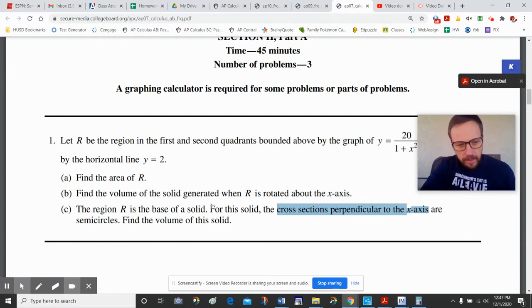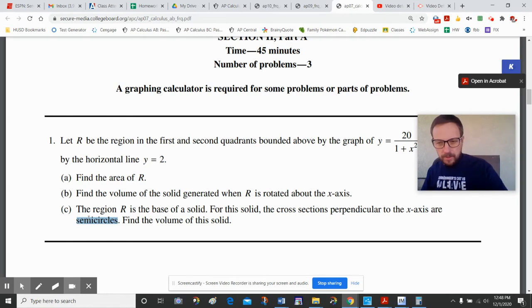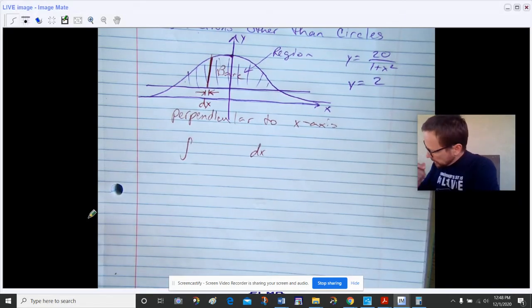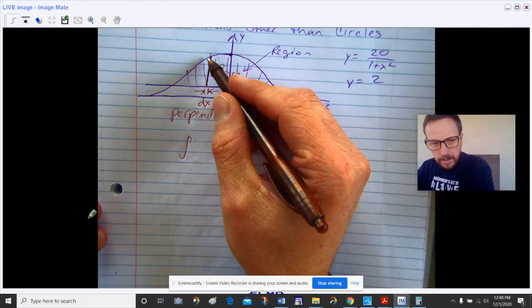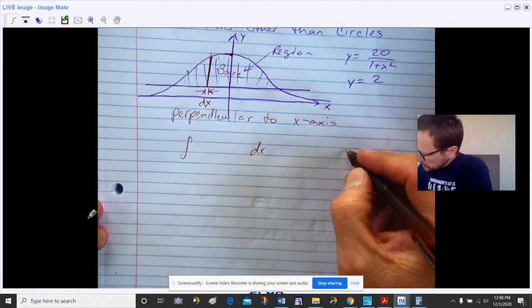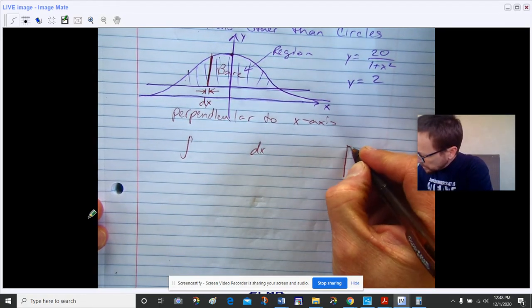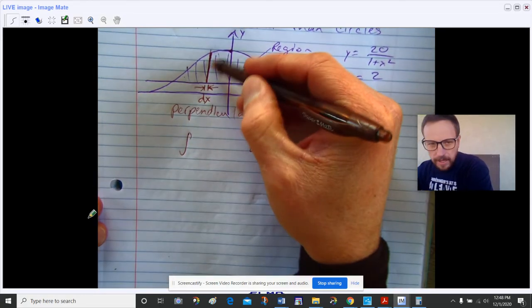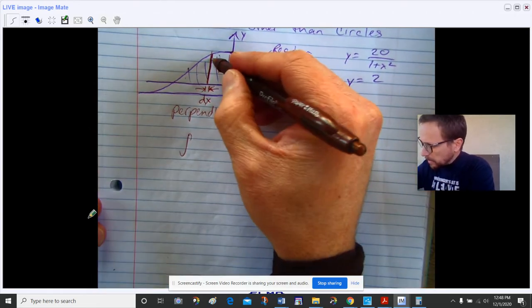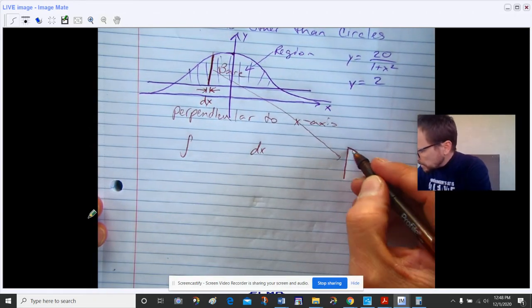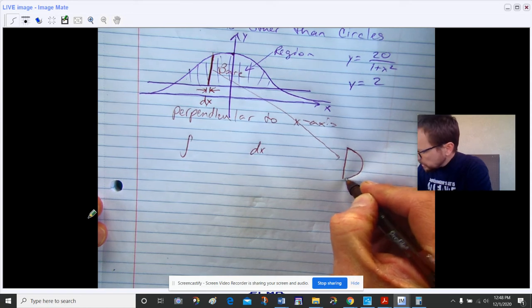Now, it says they are semicircles, or semicircles, I've heard it both ways. So if this is a semicircle, and this is a flat line, then obviously this part must be like so.